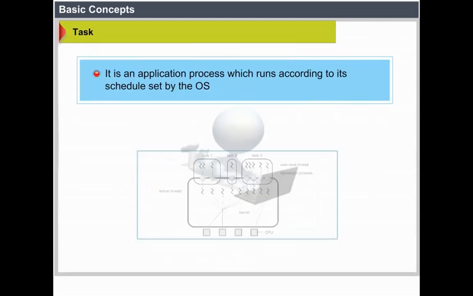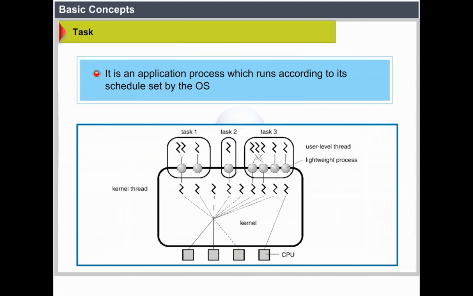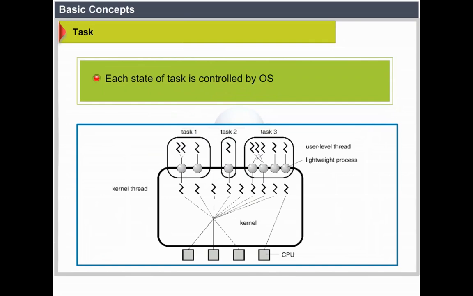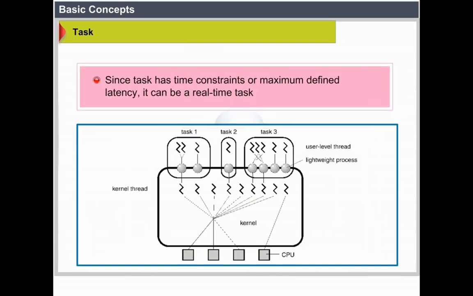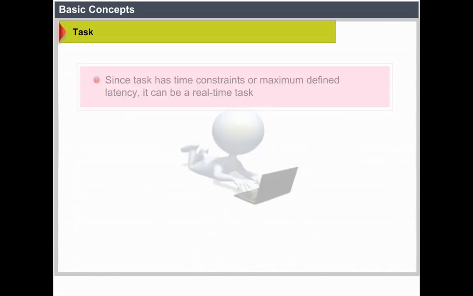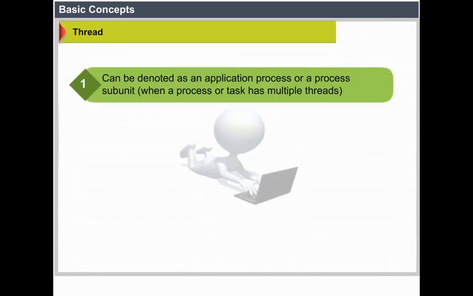Task. An application process which runs according to its schedule set by the OS, each state of which is controlled by the OS. It can be a real-time task which has time constraints or a maximum defined latency within which it must run or finish. Thread. An application process or a process subunit when a process or task has multiple threads.